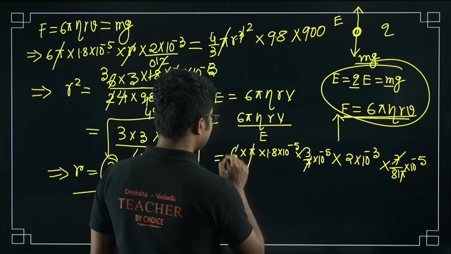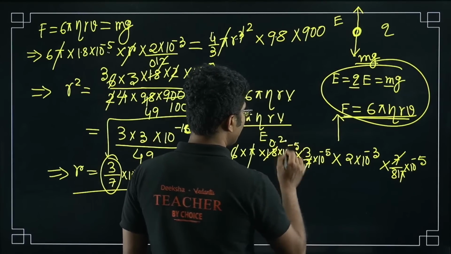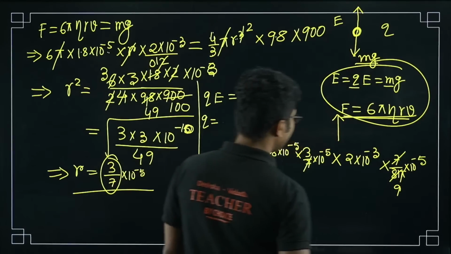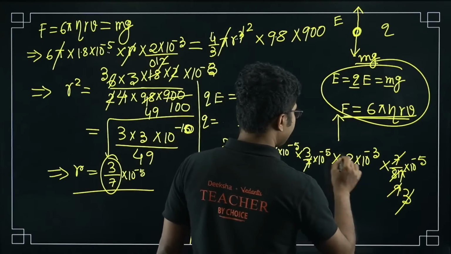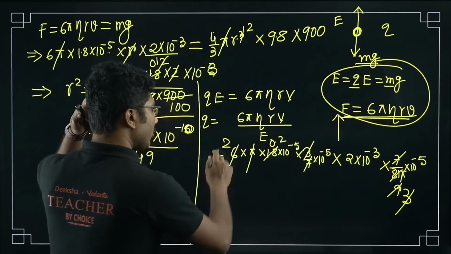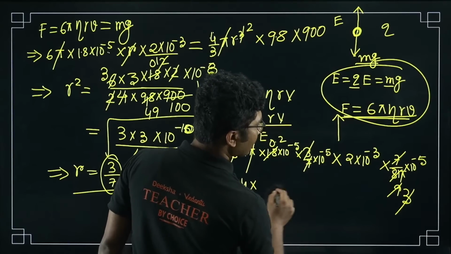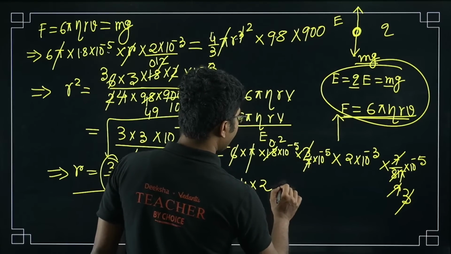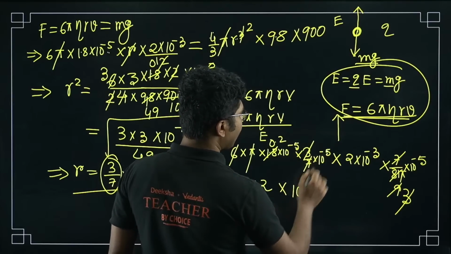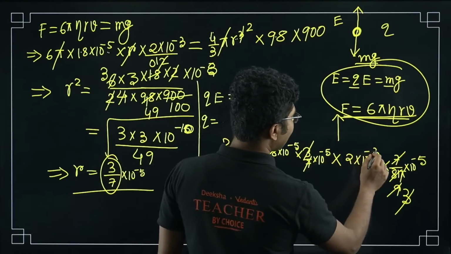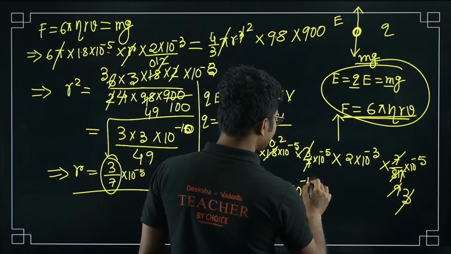Now we can cancel, first let me cancel this, 0.2: 9 9s are 81, 3 3s are 9, 3 2s are 6, 3 cancels. Okay, so it will be 0.4 into another 2 still left over here, and 10 to the power of minus 5 minus 10, minus 10 minus 3 is minus 13, minus 13 minus 5 is minus 18.